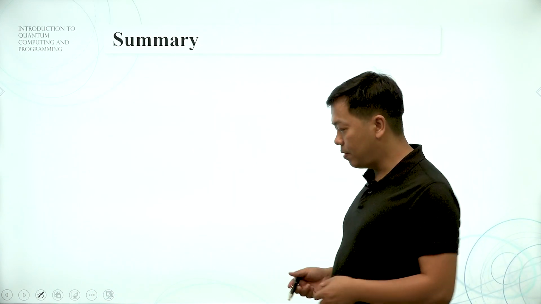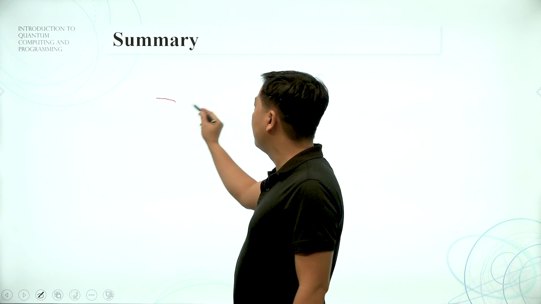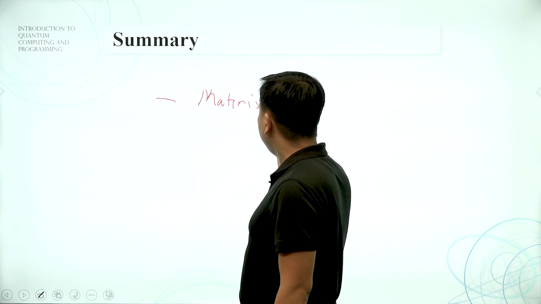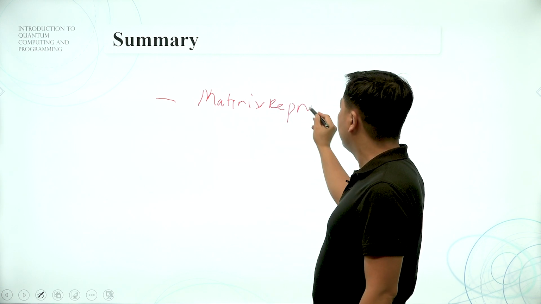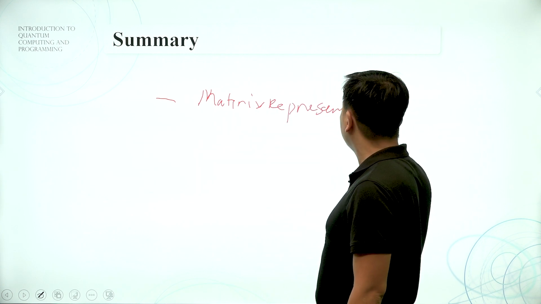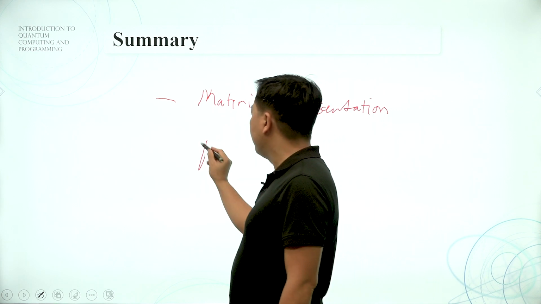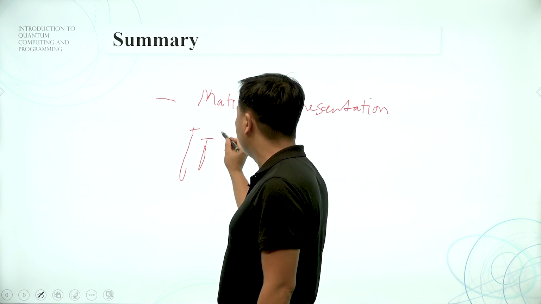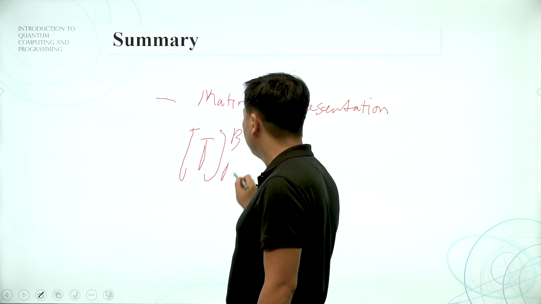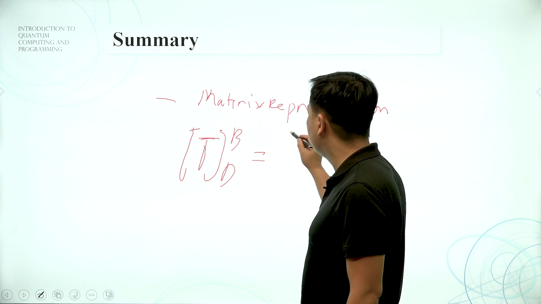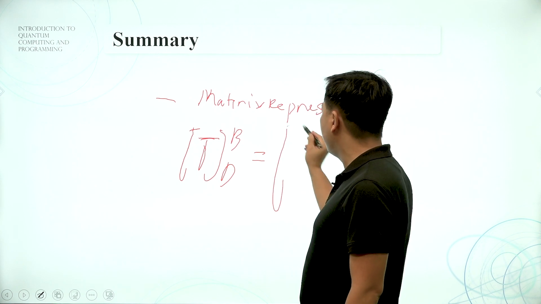Okay, the summary of this part: we have the matrix representation, and we have a T equal to, for example, x.